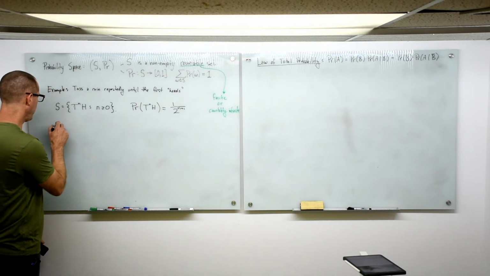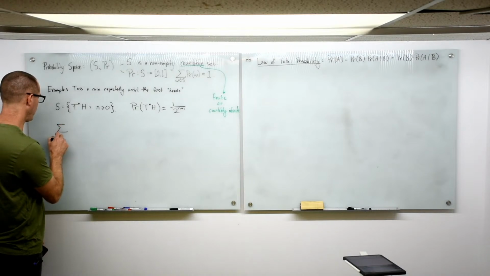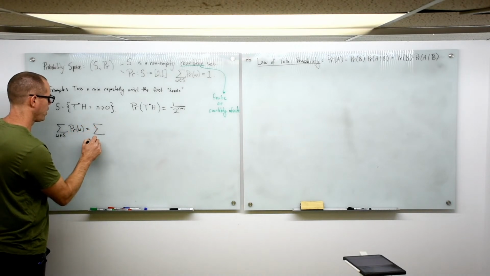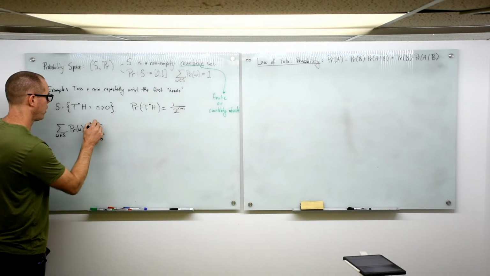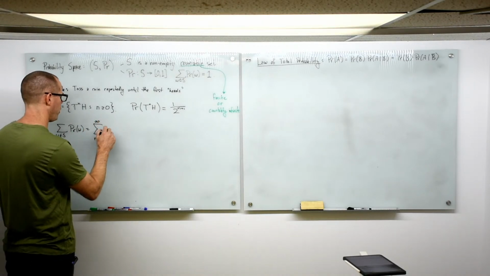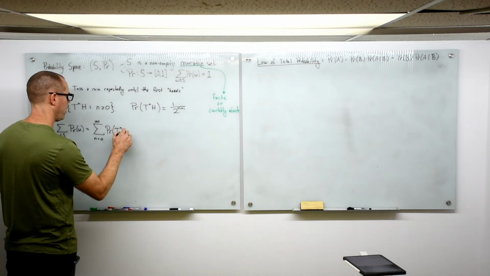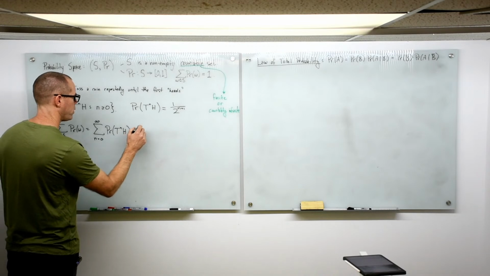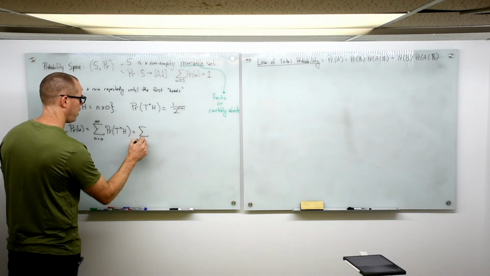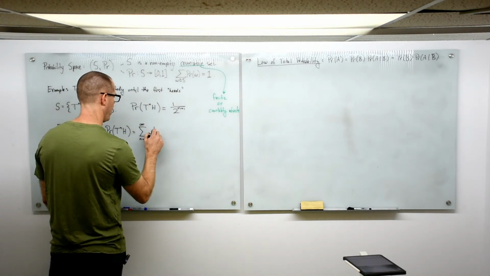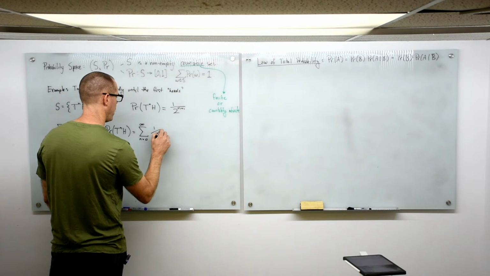And so here we try and do that, and we say, okay, let's take the sum over omega in S of the probability of omega. Well, that's just equal to the sum as n goes from 0 to infinity of the probability of this thing, t to the n h, which is equal to the sum n equals 0 to infinity of 1 over 2 to the n plus 1.